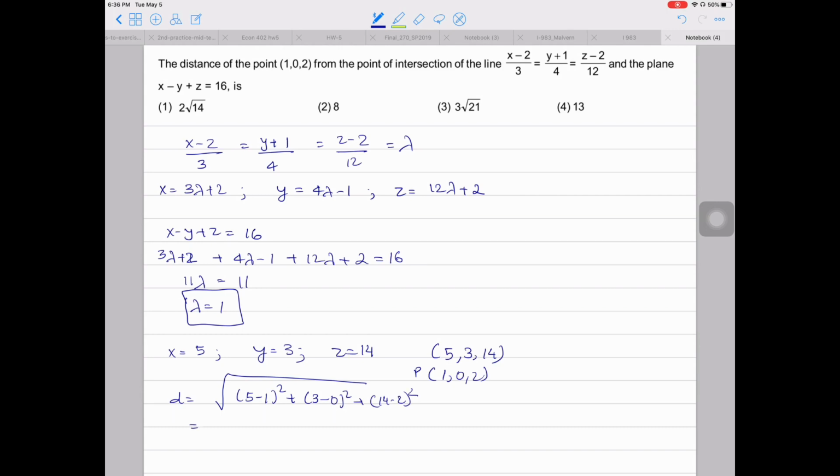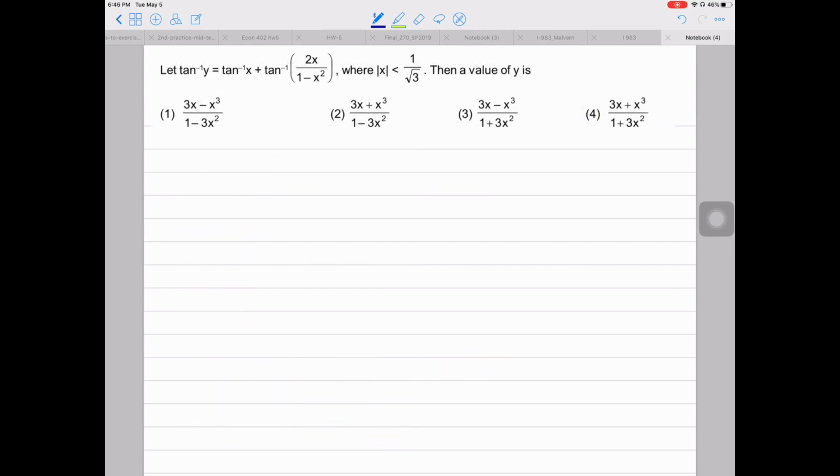So this is 4 squared, which is 16, plus 3 squared, which is 9, plus 12 squared, which is 144, the sum of which is 169, and the square root of 169 is 13. So the answer is option 4, 13.